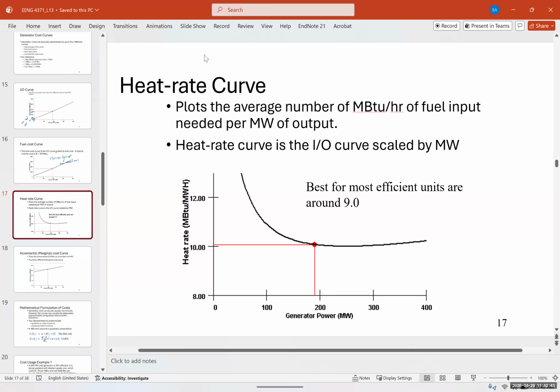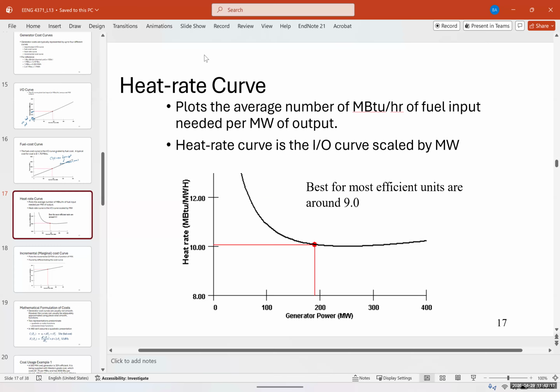Now, the heat rate curve is the I/O curve divided by the megawatt output. It gives the average fuel consumption per unit of electrical energy produced, in MBTU per megawatt hour. Think of it like the fuel economy in a car. Just as we measure fuel efficiency in miles per gallon, the heat rate measures the fuel efficiency of the power plant.